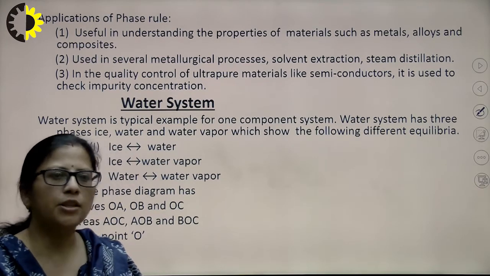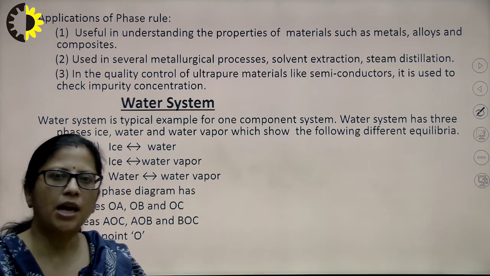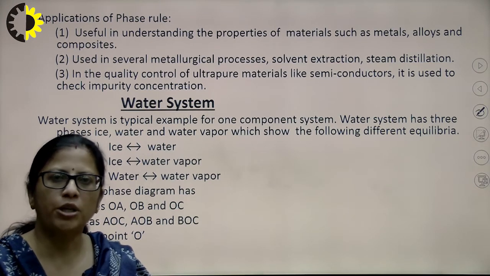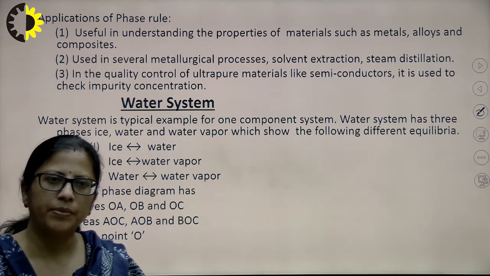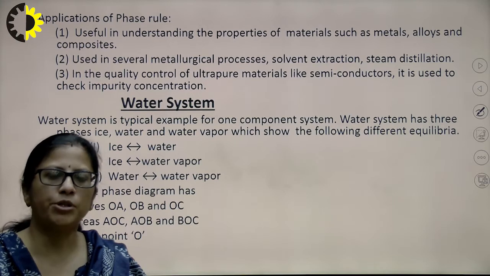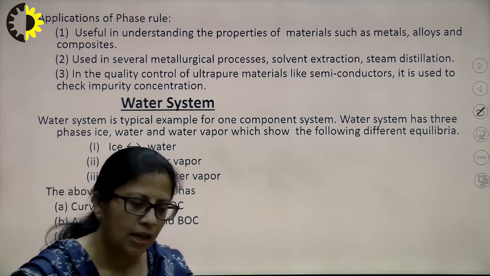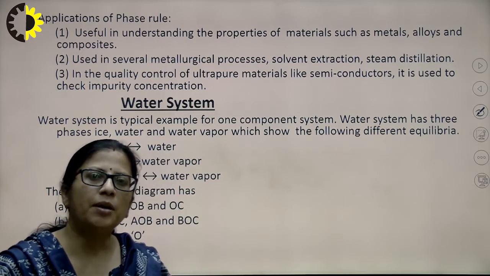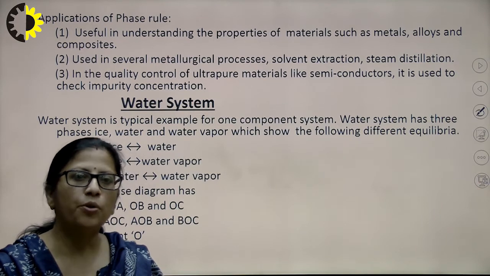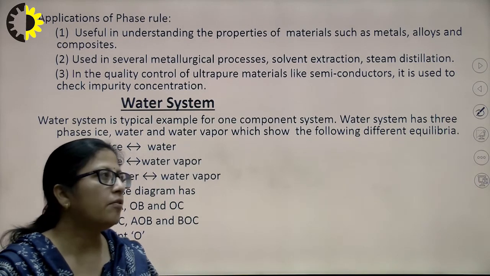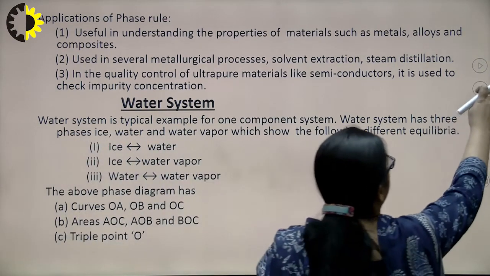Water exists in three different phases: solid phase, which is ice; liquid phase, which is liquid water; and it also exists in the water vapor phase. These phases, at certain temperature and pressure, remain in equilibrium with one another.